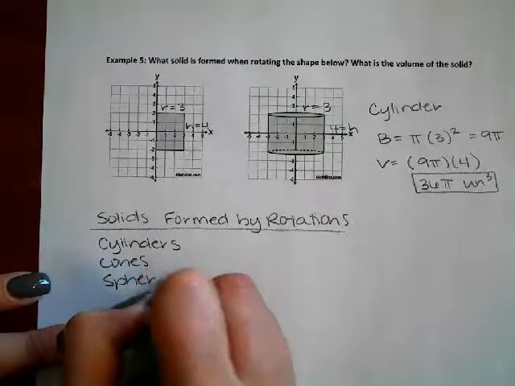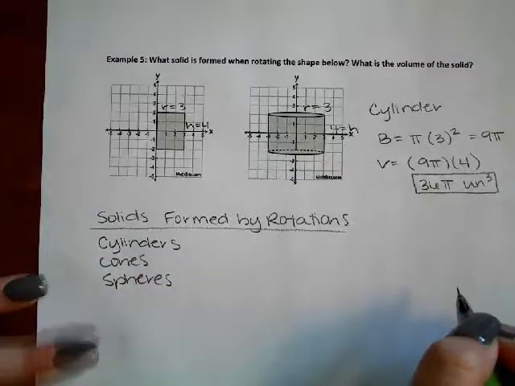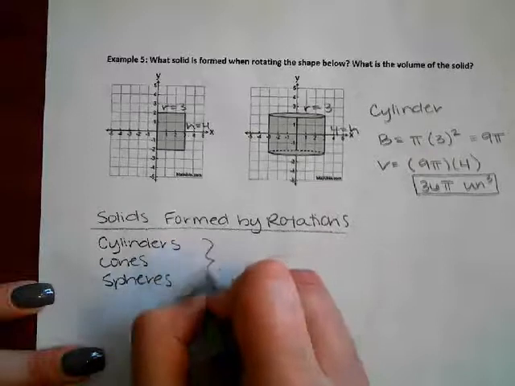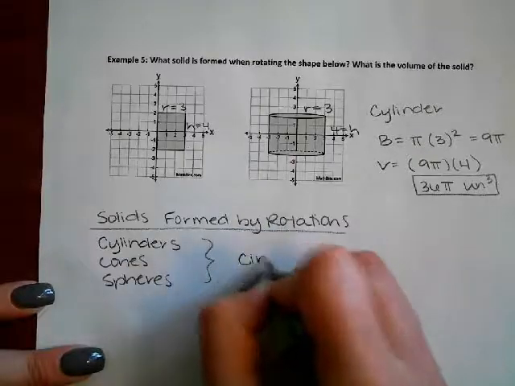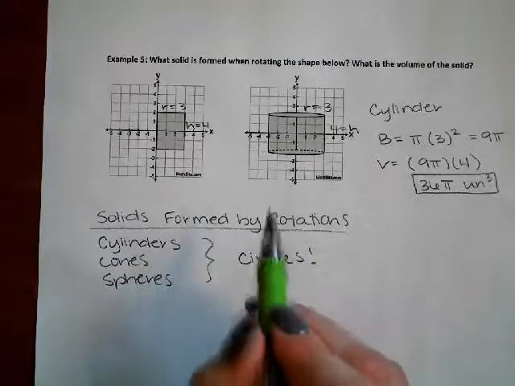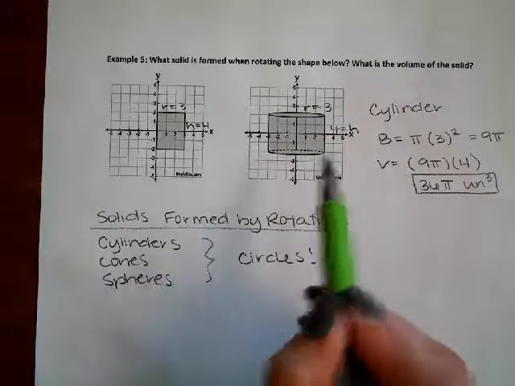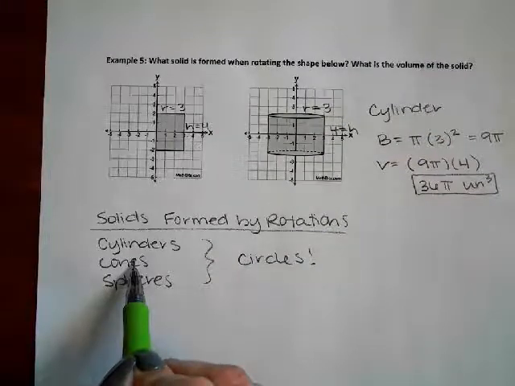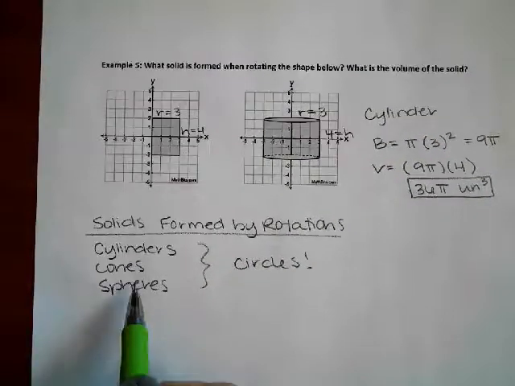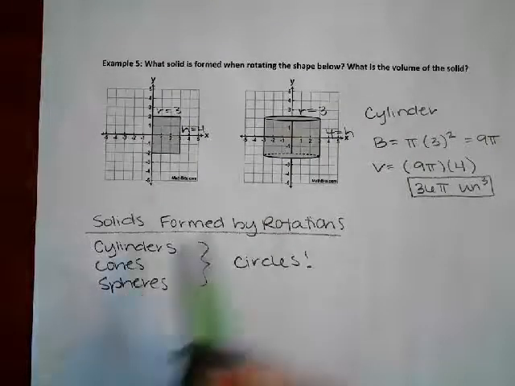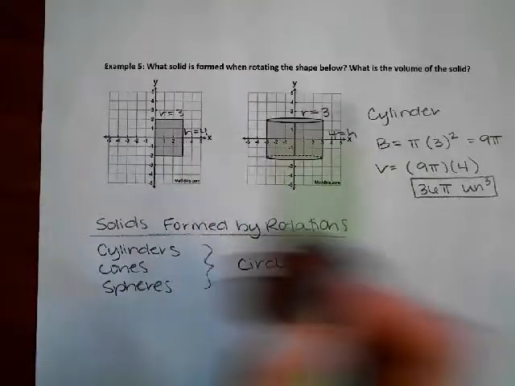What do all of these have in common? They all have circles. When you talk about rotations, you're going to have the base shape as a circle, or in the case of a sphere, a 3D circle. So when you're taking something and rotating it around, a circle is being formed.